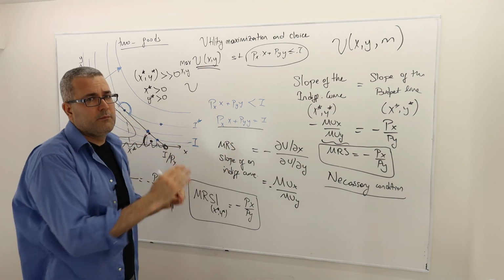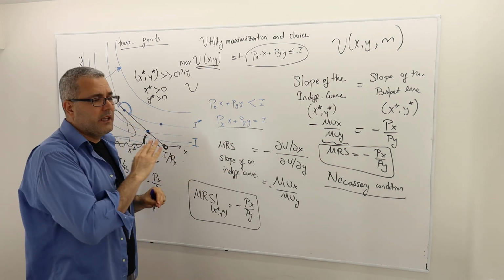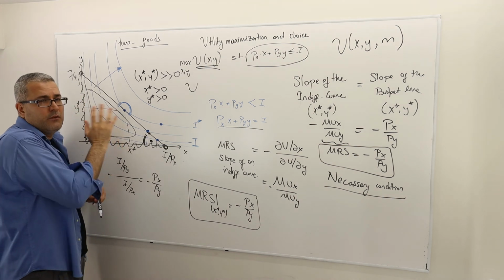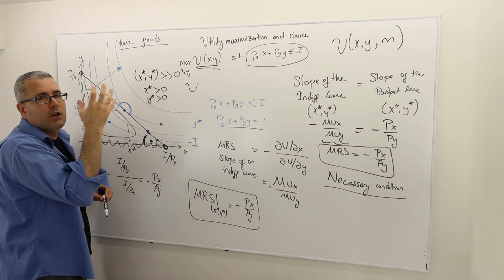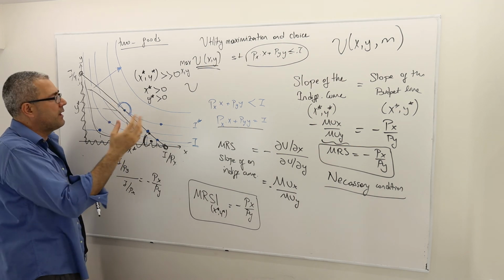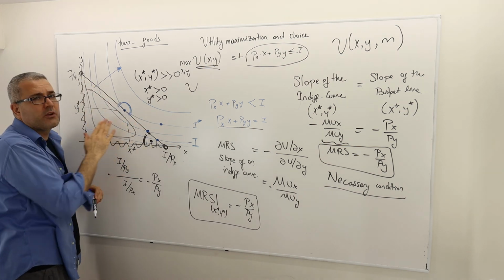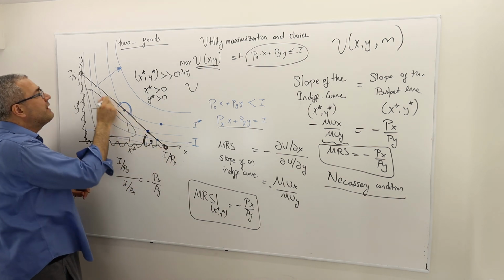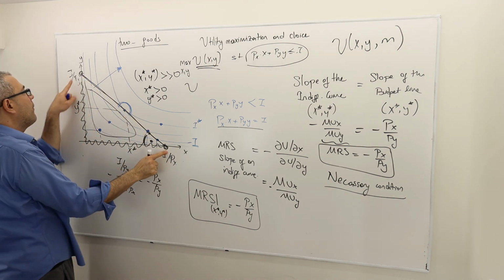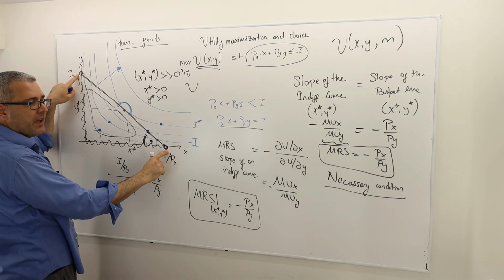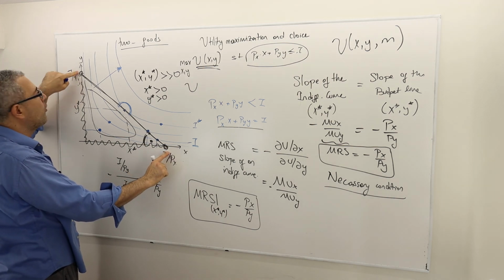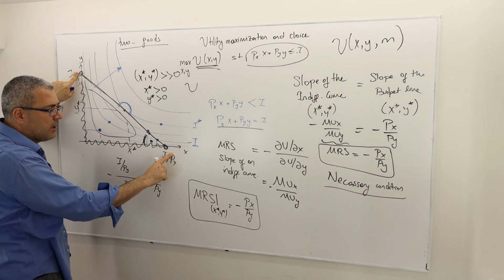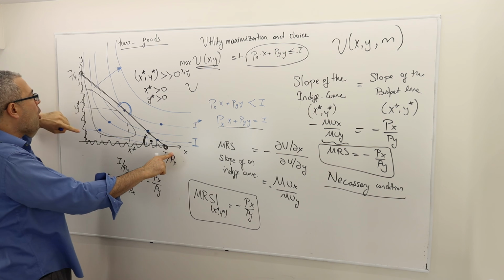But in this very simple framework, again, extra money is not going to give you any utility, which means that if you're talking about an optimal, utility maximizing choice, you have to spend your entire money. Therefore, the optimal solution is going to be on the budget line, but optimal points can be on this boundary or on this boundary, meaning you prefer to spend your entire money on good X and no good Y, or the opposite.